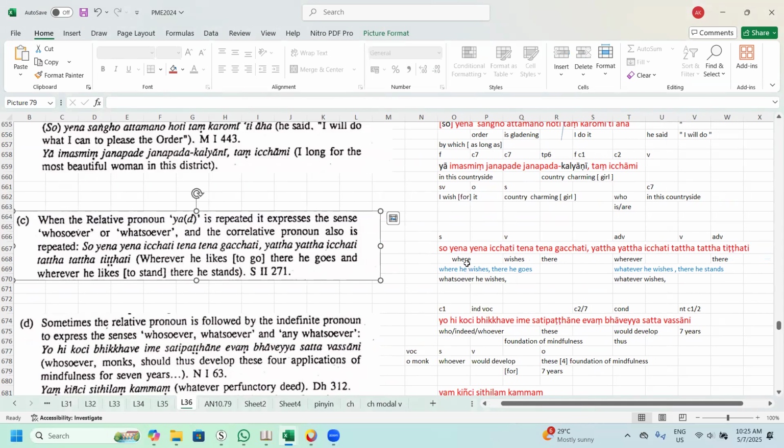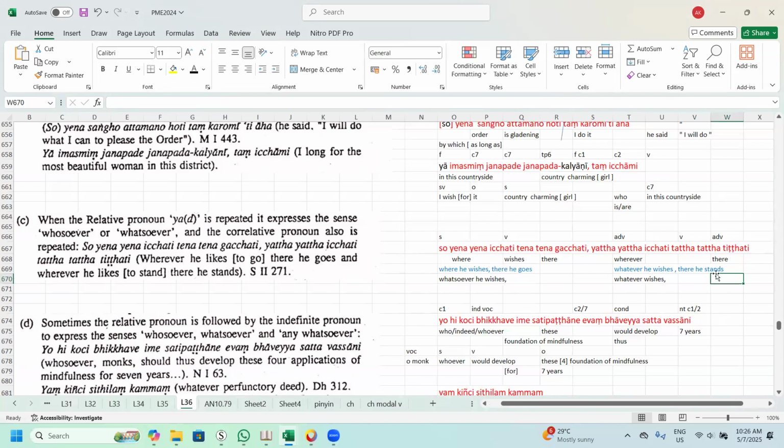Since I use "where," I will say "wherever." This is not mentioned here. Wherever he wishes, there he stays. In Chinese, we say it means where you stay, you know.